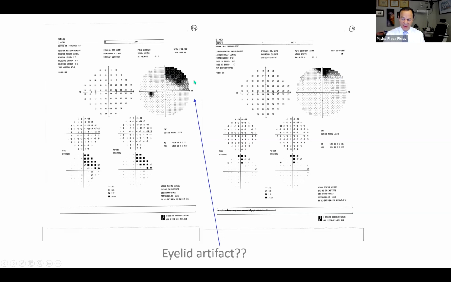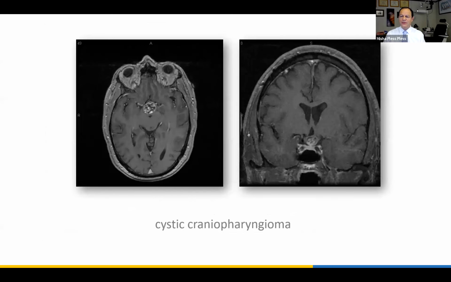And you step back, like I said previously, and you look at this visual field defect and you say, well, it's on the right side and it's a homonymous visual field defect. So this is a neurogenic pattern for sure. And sure enough, the patient gets imaged for this so-called eyelid artifact and a cystic calcified craniopharyngioma is diagnosed.